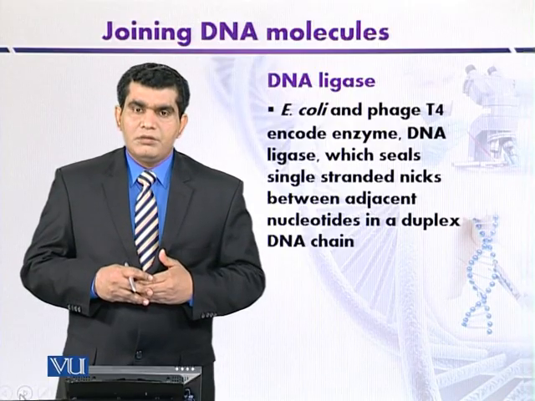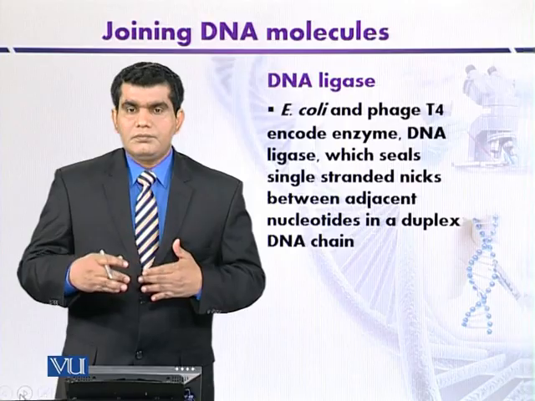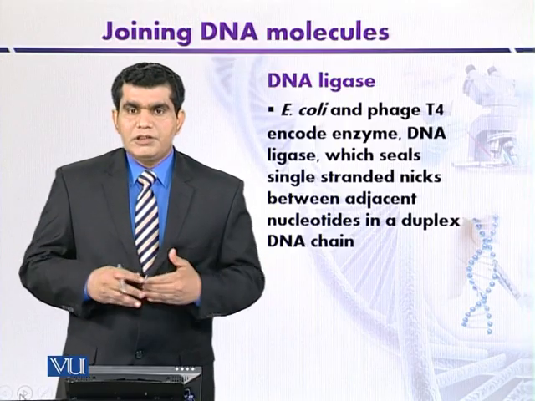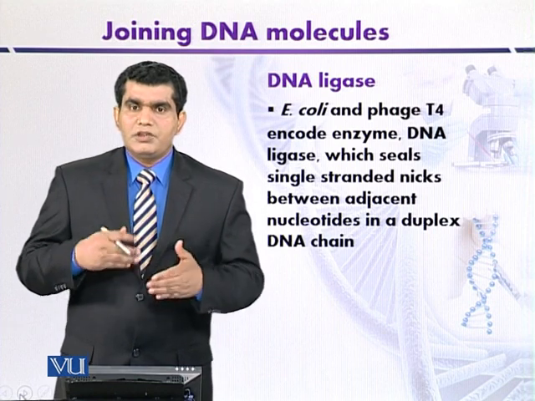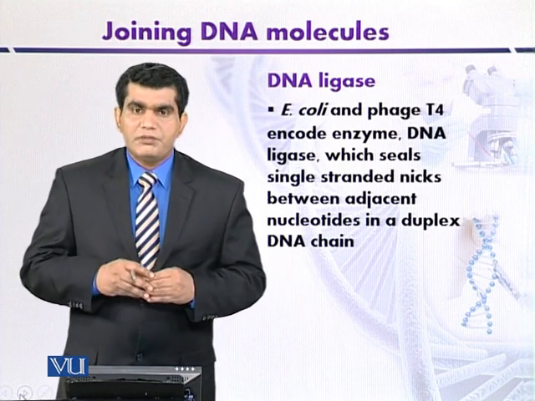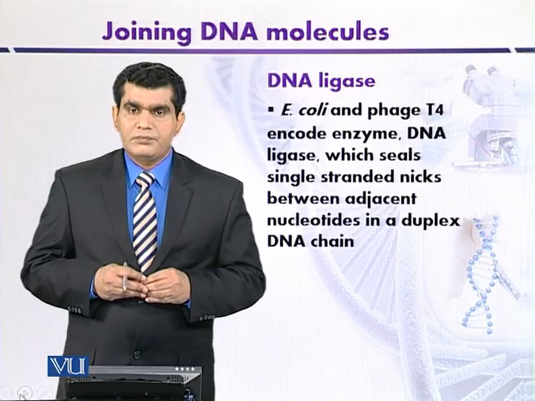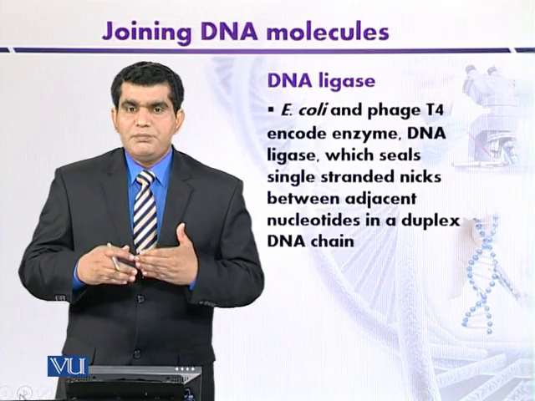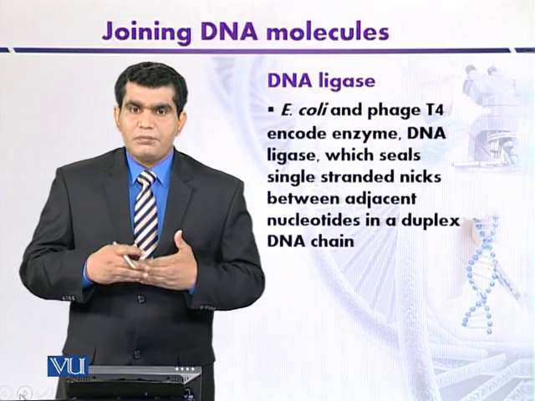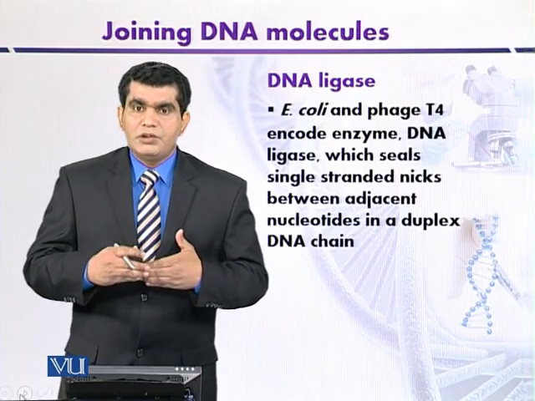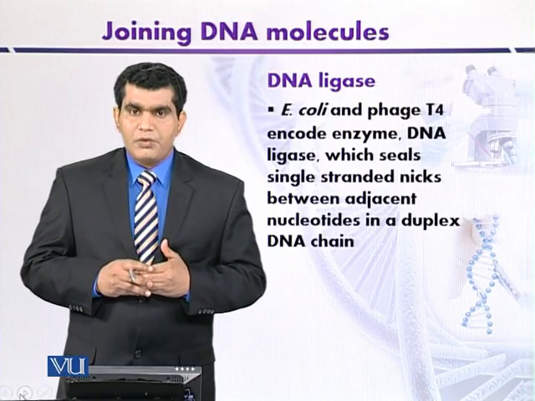NAD+ means nicotinamide adenine dinucleotide. So both will split or hydrolyze after interacting with the DNA ligase, and an AMP enzyme complex will be formed. And this AMP enzyme complex will be used to form phosphodiester bonds.